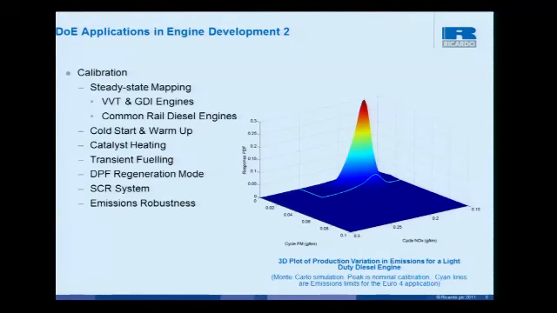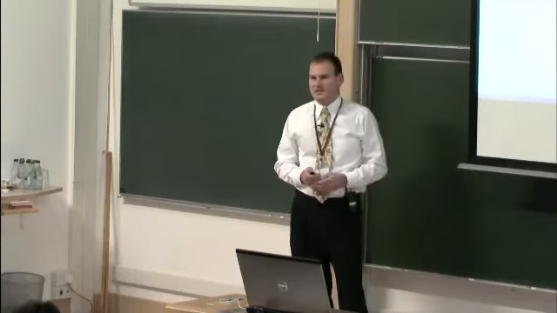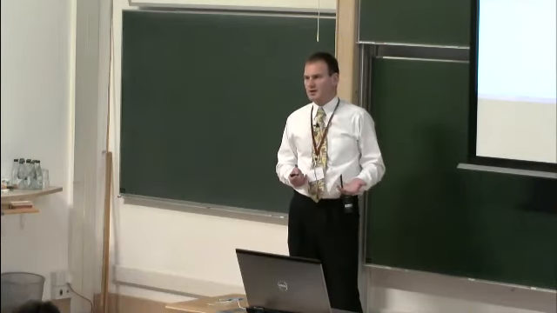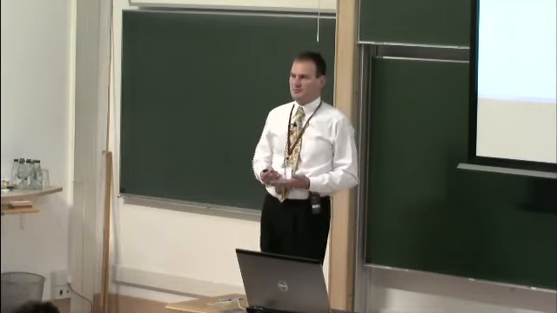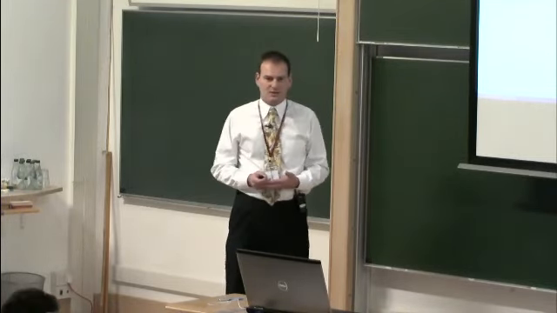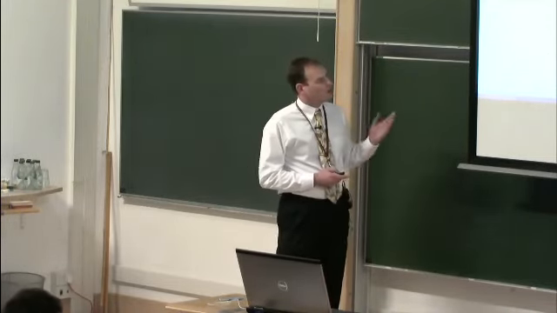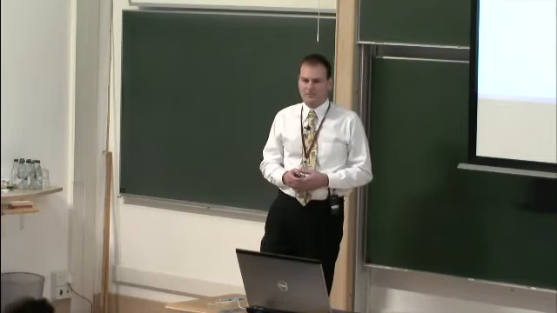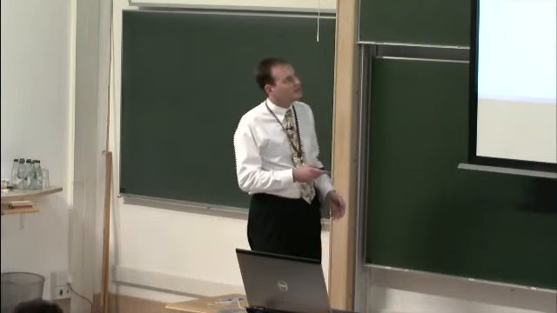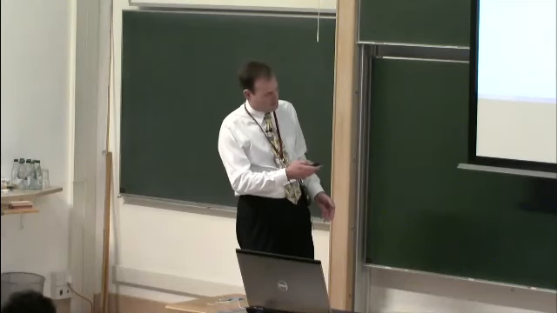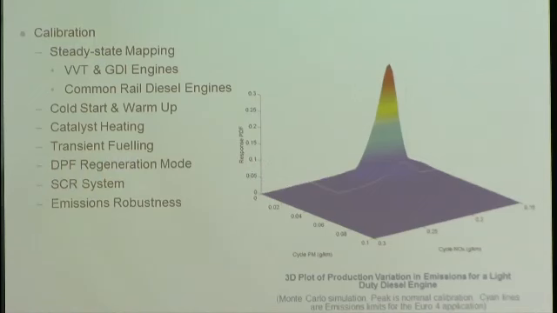And then finally, an important aspect is the robustness. You want low emissions in production, but you also want low variation of emissions because you have certain conformity of production type tests to achieve. So DoE models combined with Monte Carlo simulation, for example, can allow you to predict the variation in emissions.